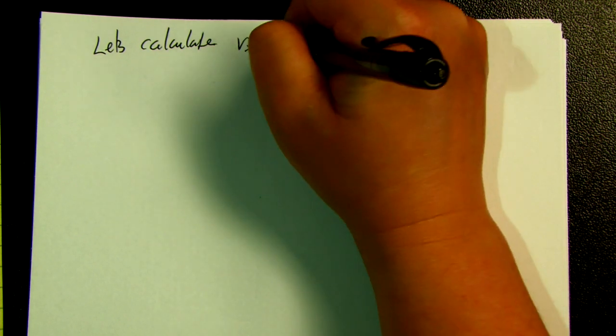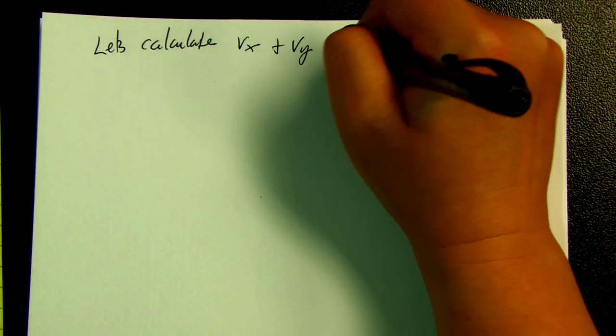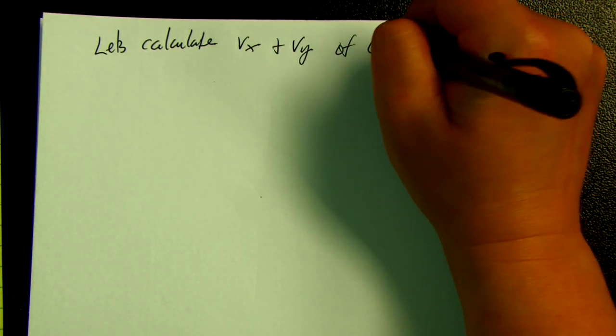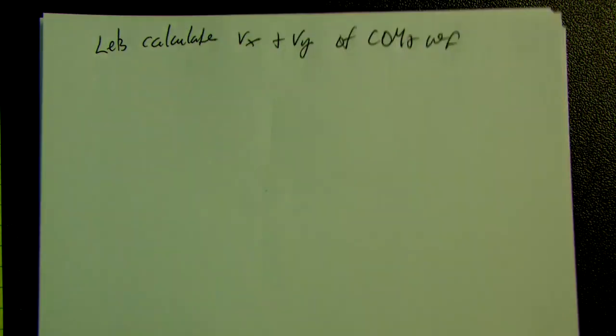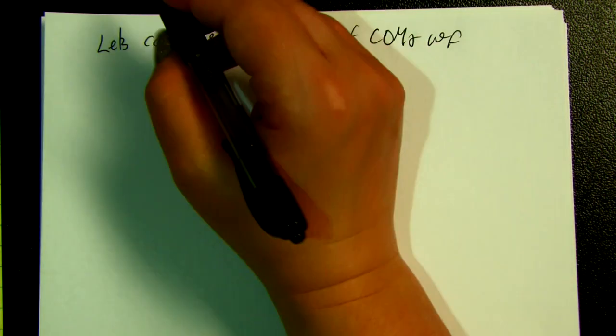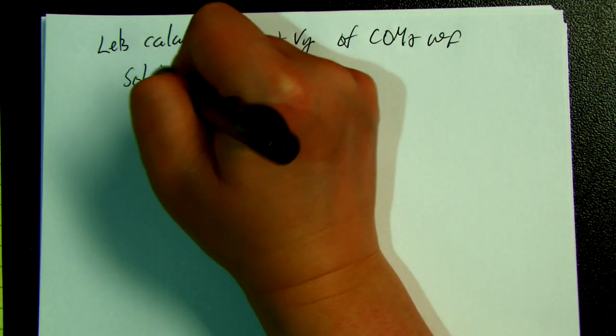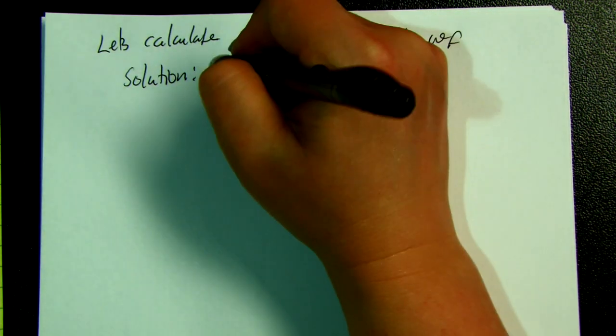Let's calculate Vx and Vy of the center of mass and omega final. So when we do the solution, what do we know?